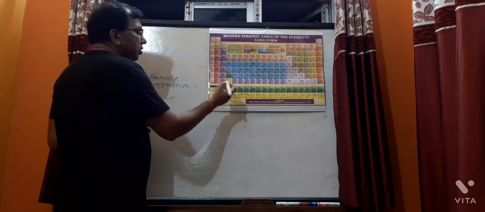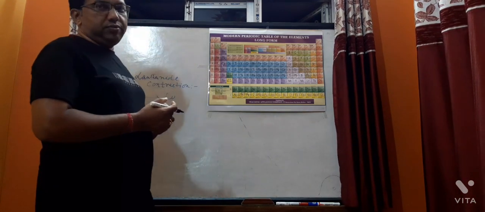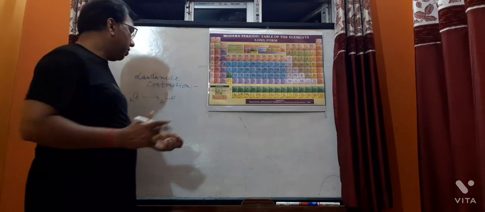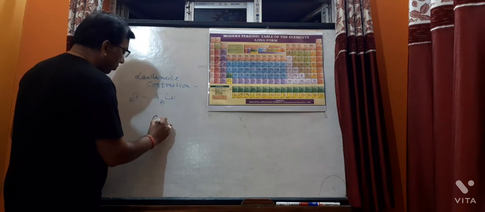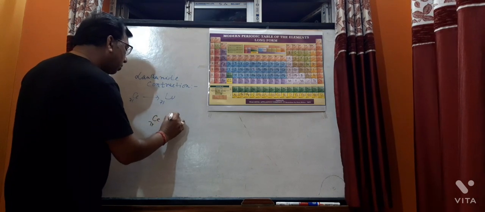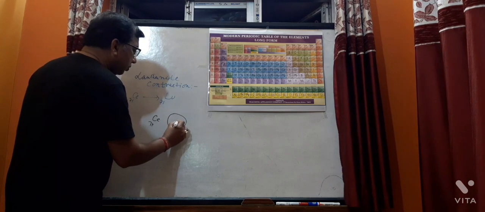If you go, what you see in the atomic radii structure, suppose it is cerium, 58, up to 71. This is the nucleus.